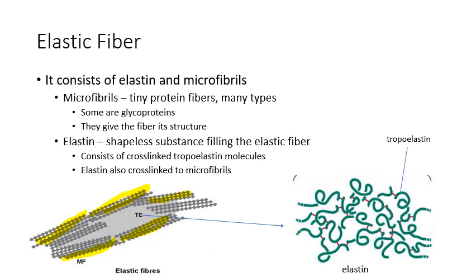The role of those microfibrils is just to give the fiber shape and structure, to make it look like a fiber. Then inside of your microfibril outer shell, you have the elastin. It's this amorphous jelly-like mass filling up the interior of the fiber.